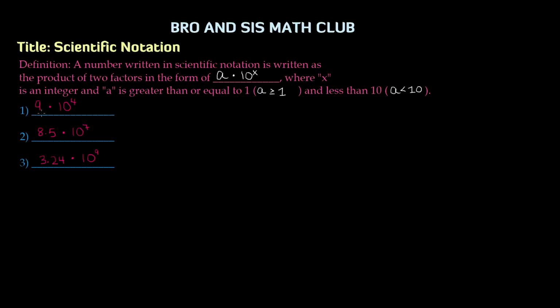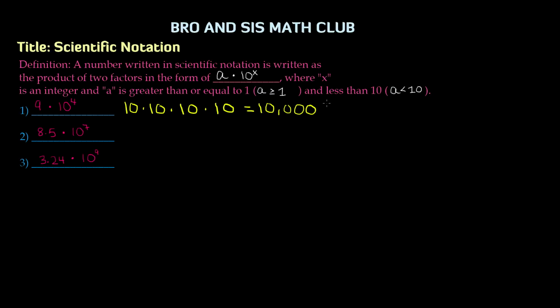So I would multiply 9 times 10 times 10 times 10 times 10 because 10 to the power of 4 is 10 times 10 times 10 times 10, or 10 multiplied by itself 4 times. And I know that when I multiply these 4 together, I get 10,000.